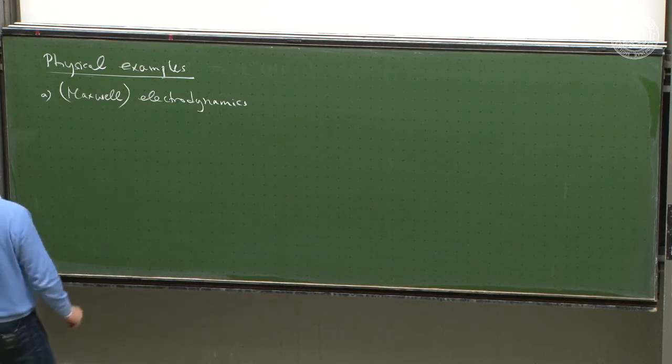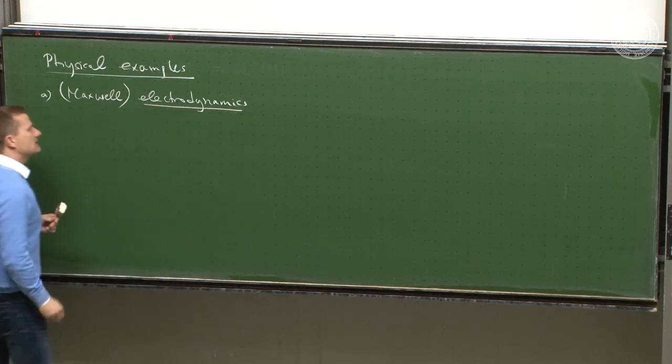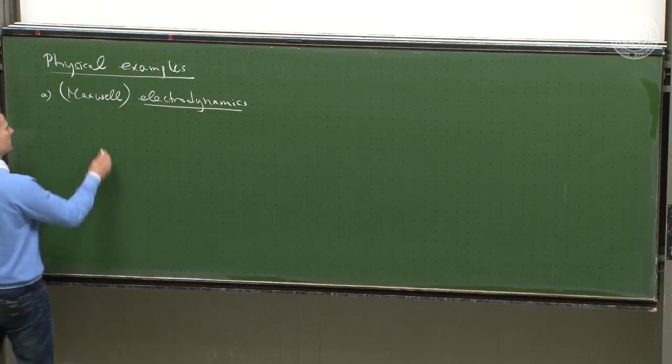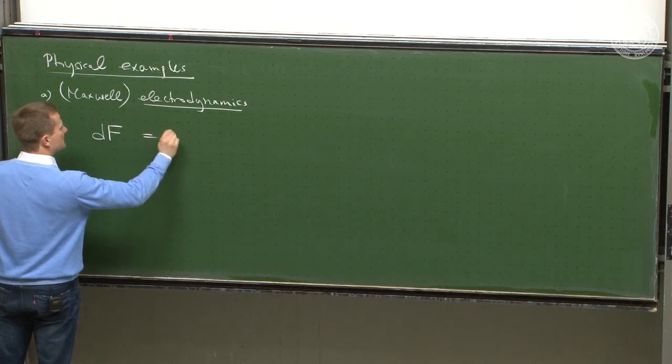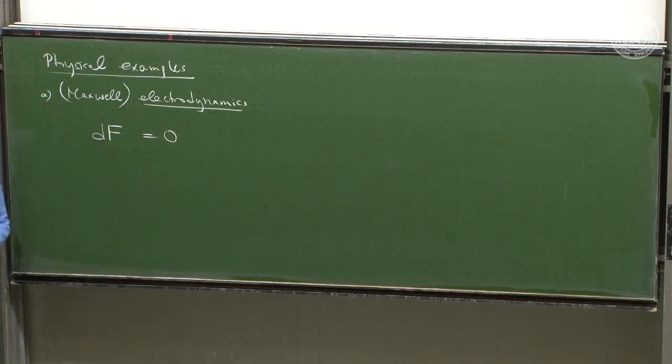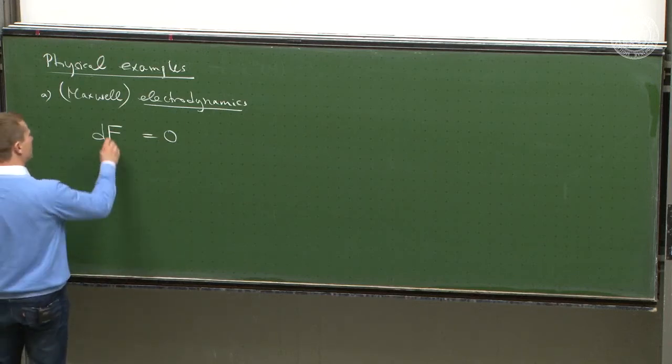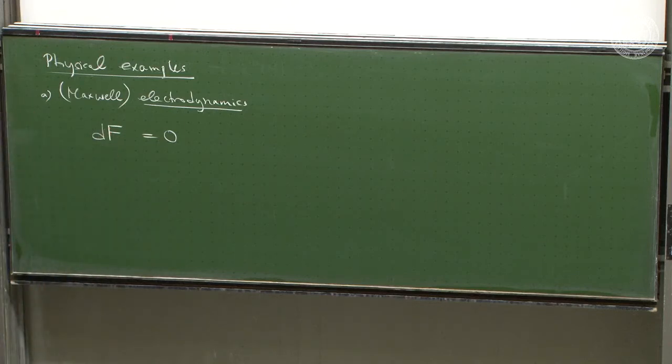Any electrodynamics has to talk about the field strength F, and in fact dF equals 0, so F is a 2 form. We had this before, the electromagnetic field strength. If you think of it in components on a 4 manifold, you have the E and the B field in there. You saw all of this before, I hope. Otherwise, I'll torture you with it on the problem sheet.